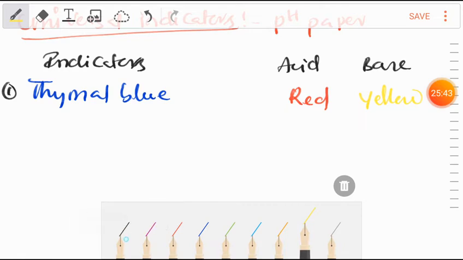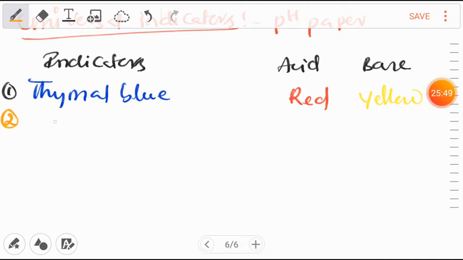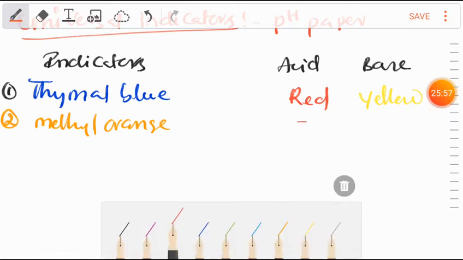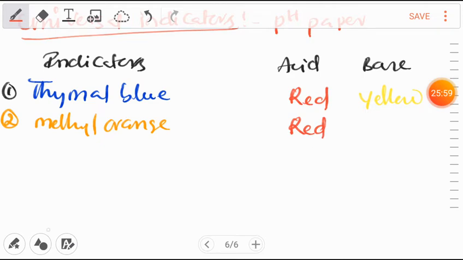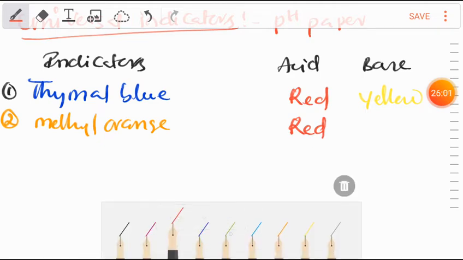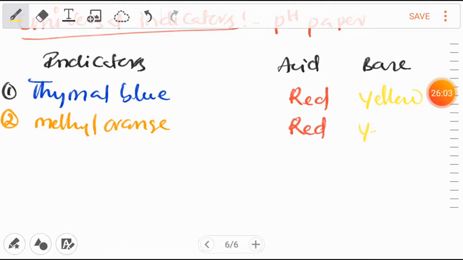And next one, methyl orange. We know that methyl orange is orange in color. In acidic medium it gives red, we know this. In basic medium it gives yellow, same.